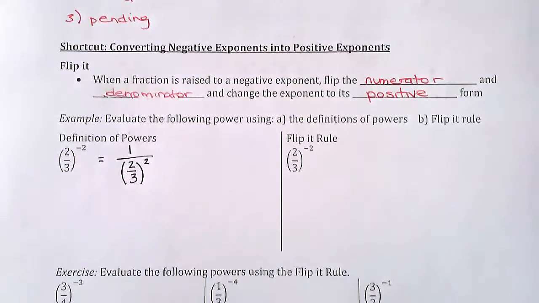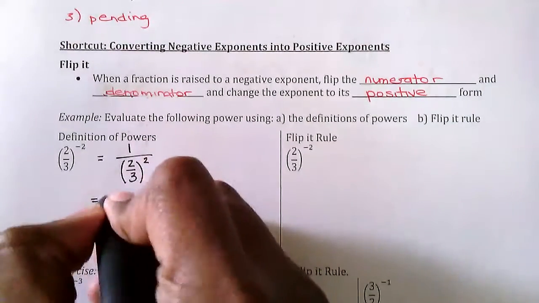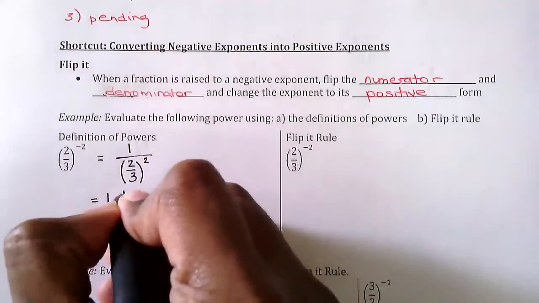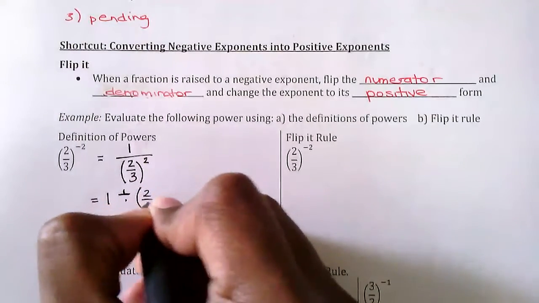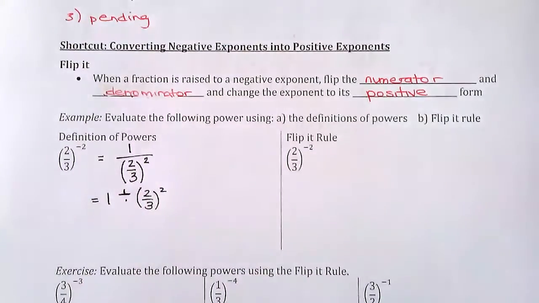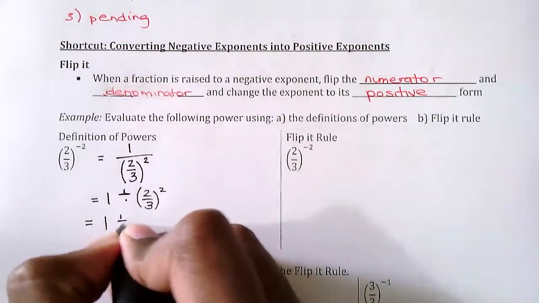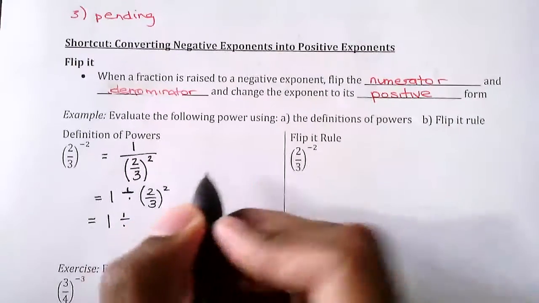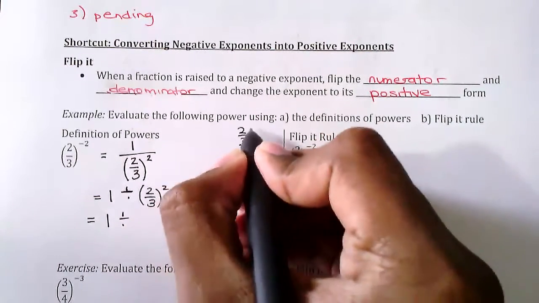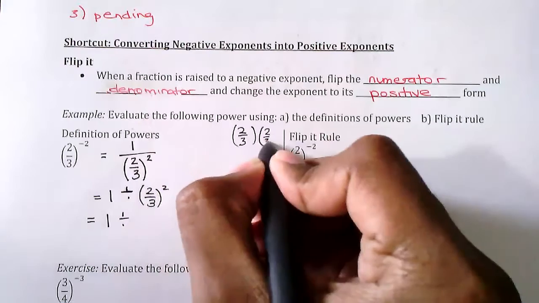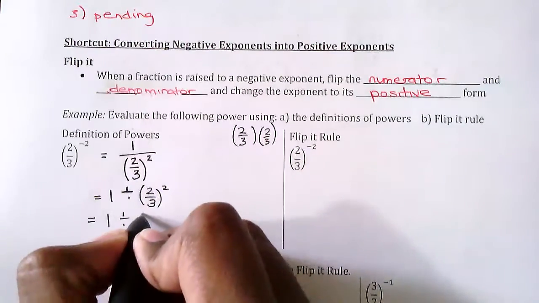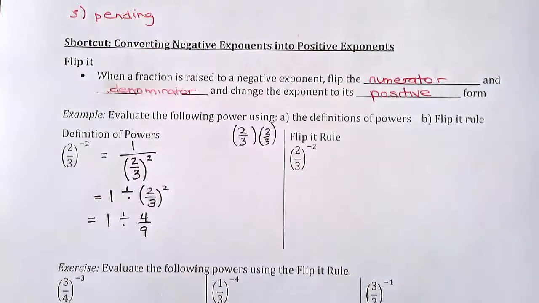So instead of -2, it's +2. I can rewrite this as 1 divided by 2 over 3 squared. Remember, 2 over 3 squared is the same thing as 2 over 3 times 2 over 3, which is 4 over 9.